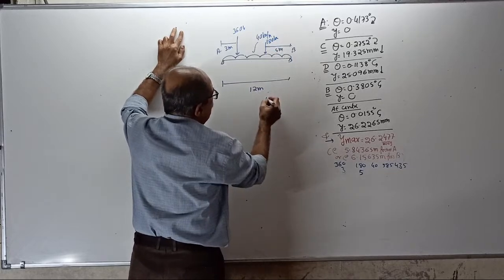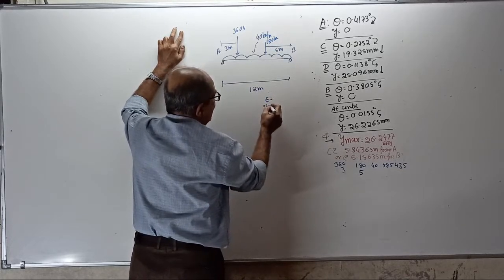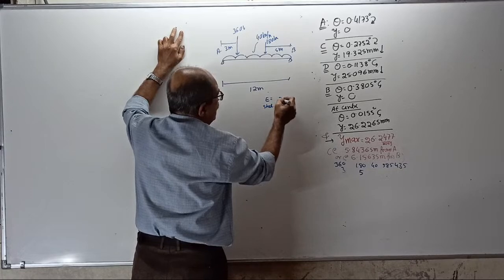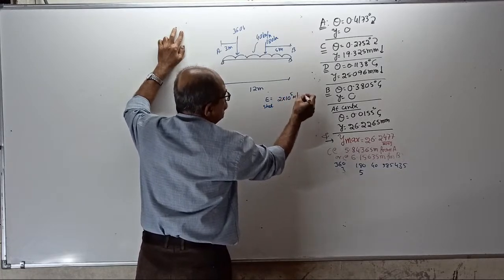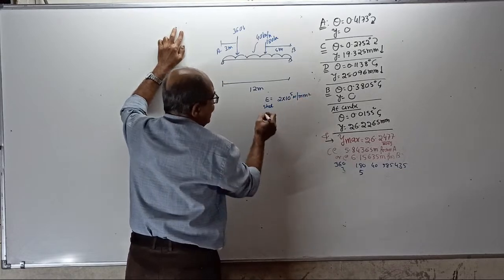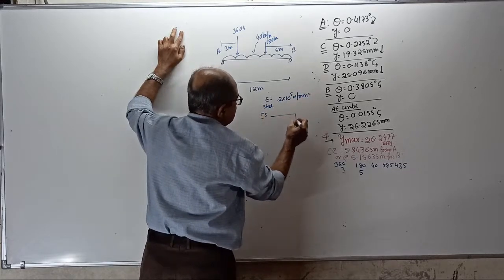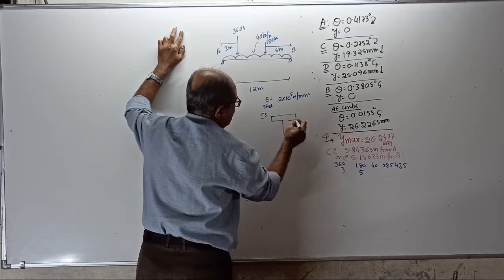Then E for steel is 2 into 10 to the power 5, or 200 into 10 to the power 3 Newton per mm square, and the cross section of the beam is a symmetrical I section.